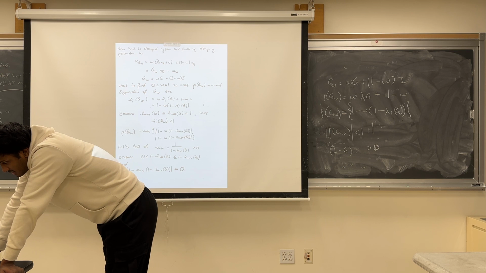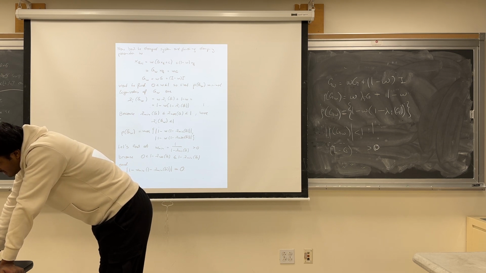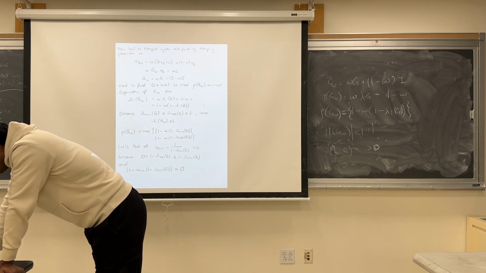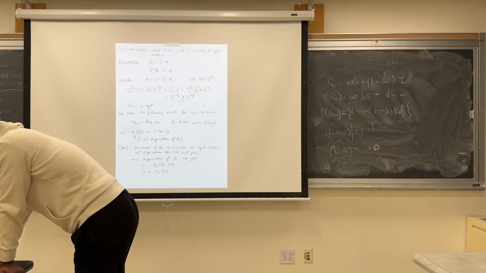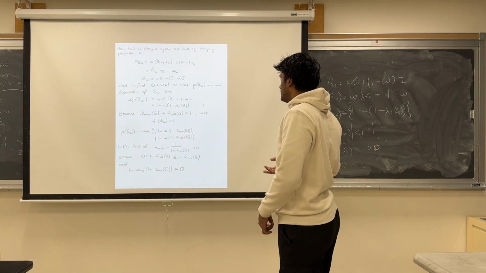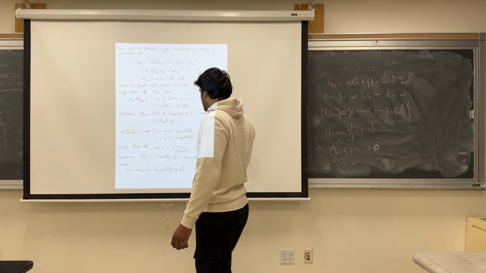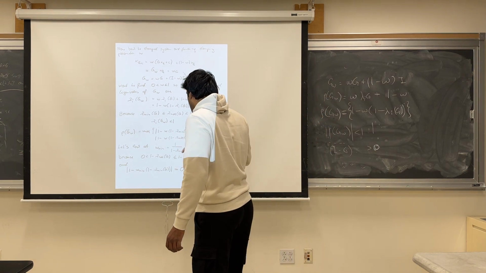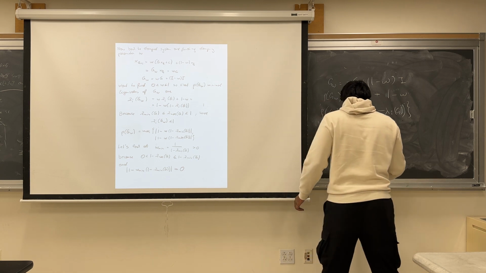If I just say that the eigenvalues of G are less than 1, in that case it works, right? Because I'm done there. Now we see, given the spectrum, if I knew the spectrum of G where all eigenvalues of G are less than 1, how would I choose my omega?